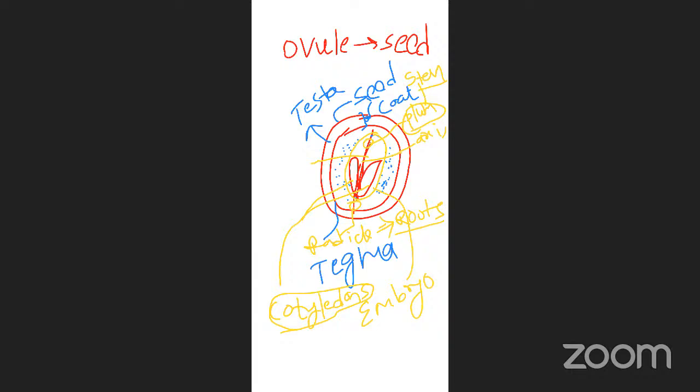Another important point: in monocots, the scutellum is situated in between the endosperm and the embryo. That is especially in the grass family of monocots, but not all, right? So this is a brief concept of seed structure, and this much is enough.